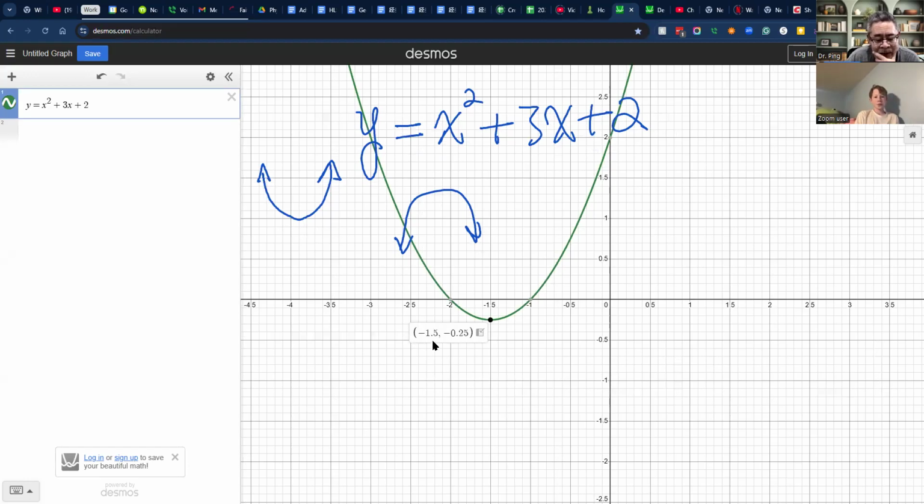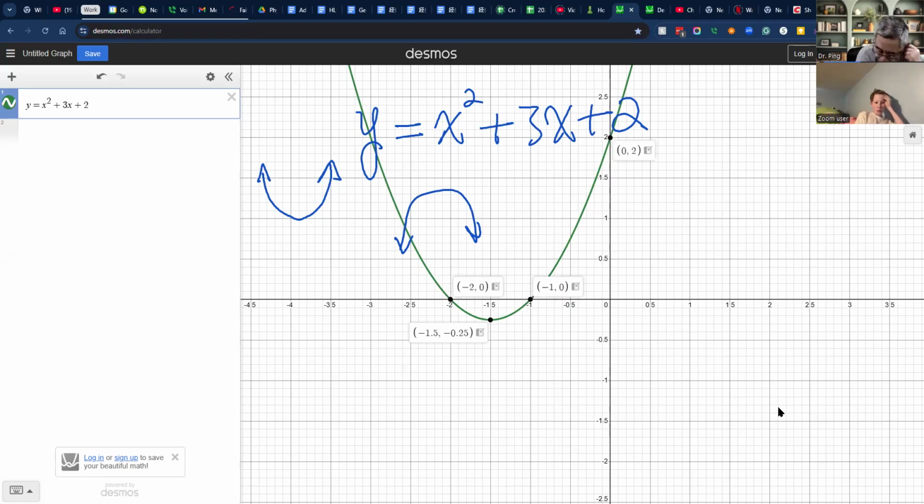You can say it's negative 1.5, negative 0.25. And then we have the zeros, which is basically another way of saying the x-intercepts. There is one here, and there is one here. And then, of course, we have the y-intercept.